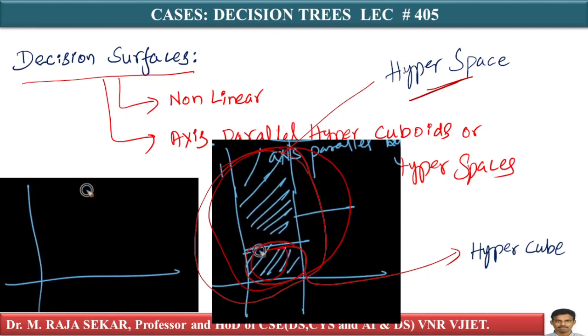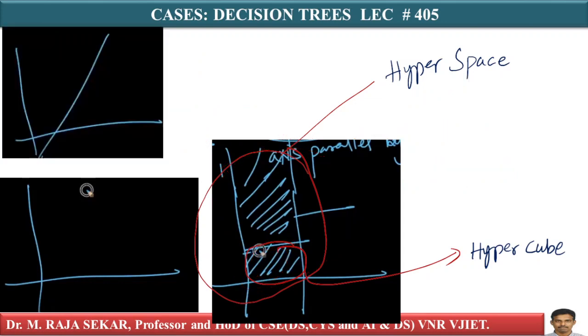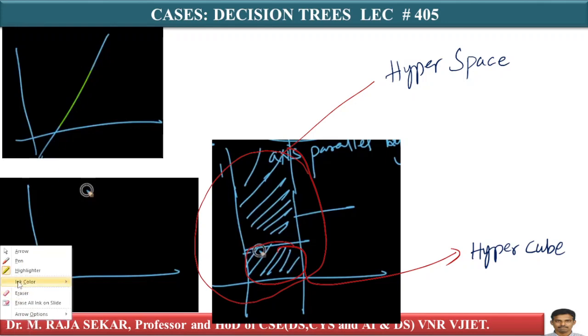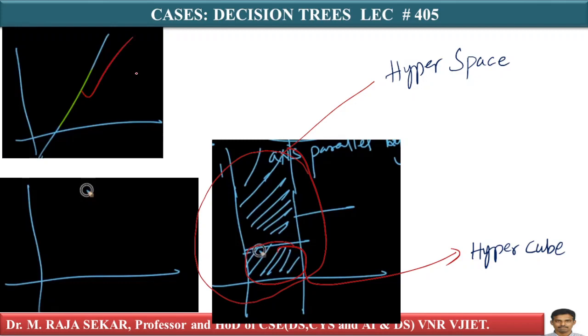It's not just one line like this. Decision surfaces are not just one line, isn't it? You are no more learning one line. You are learning lots and lots of hyperplanes in your decision tree.